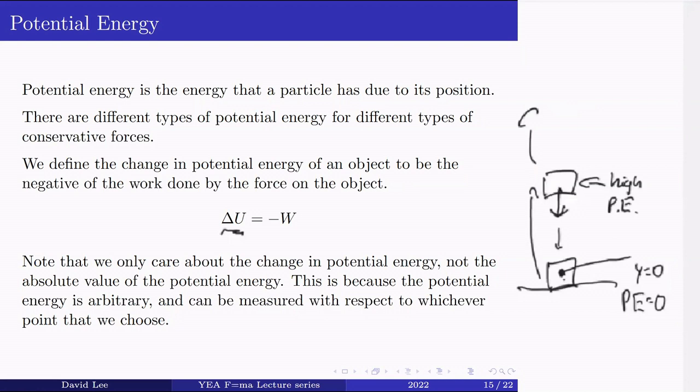Once we get to the bottom, potential energy is 0. This is easier to work with. But we can just as easily define this location as y equals 0. And now what will happen? Well, the locations below this will have a negative potential energy, and these will have a higher potential energy.